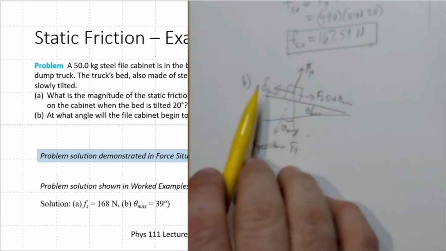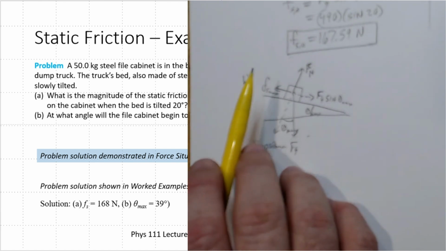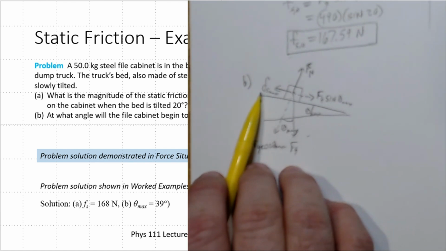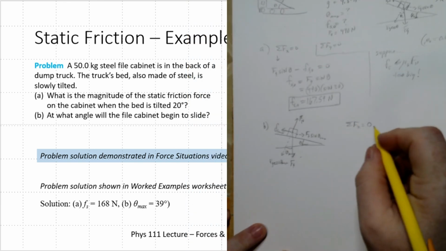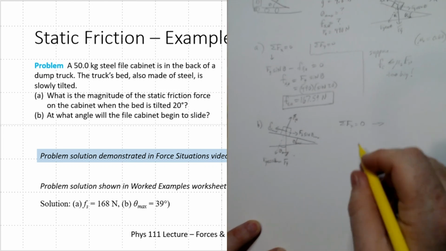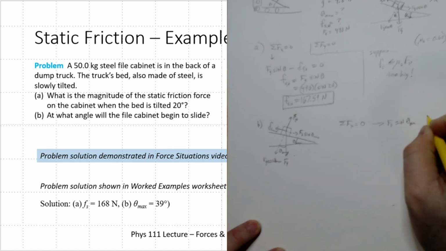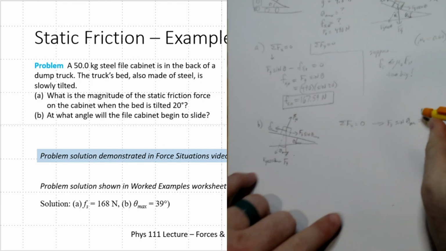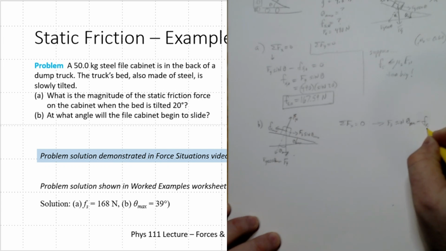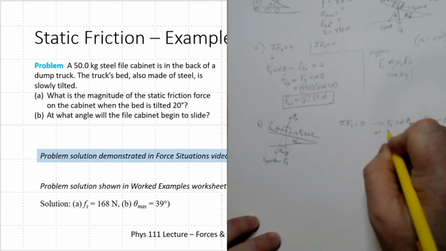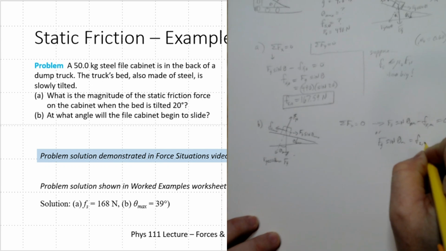We don't know the angle. We don't know this static coefficient of friction that's going to keep this at rest. So we're kind of stuck in doing this just yet. But let's go ahead and do the sum of forces in the x just to see what happens. Sum of forces in the x direction: Fg sine theta max minus Fs max equals 0, or Fg sine theta max equals Fs max.